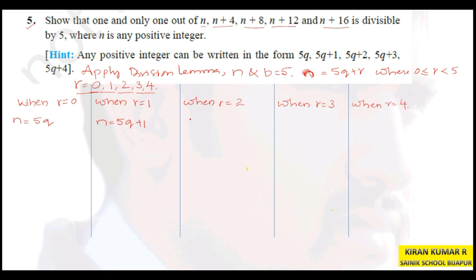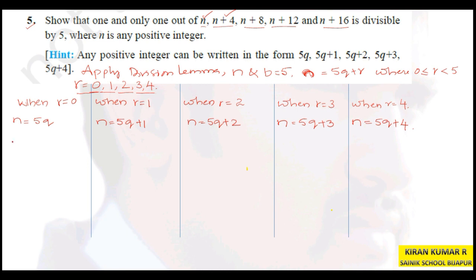When r value is 2, n value is 5q plus 2. When r value is 3, n value is 5q plus 3. When r value is 4, n becomes 5q plus 4. That is for n.